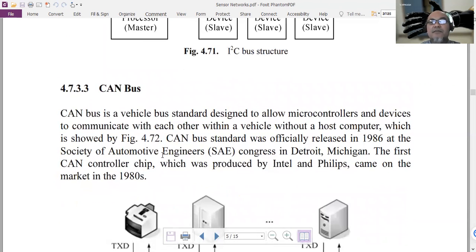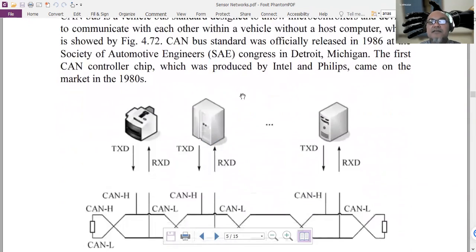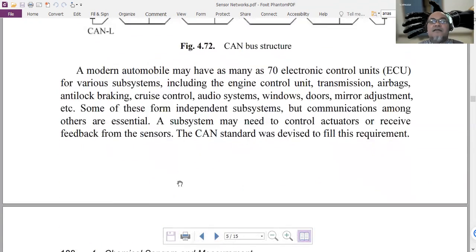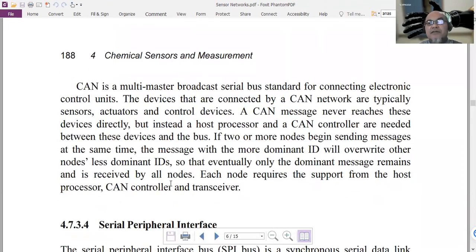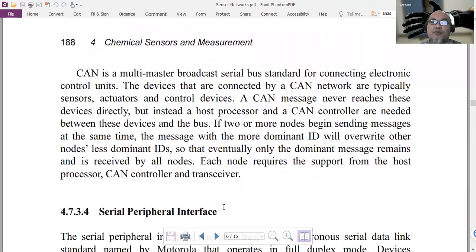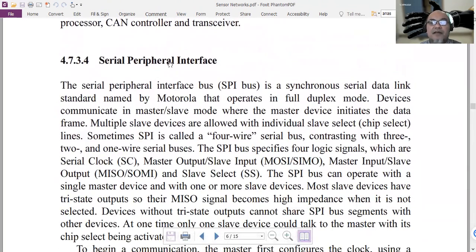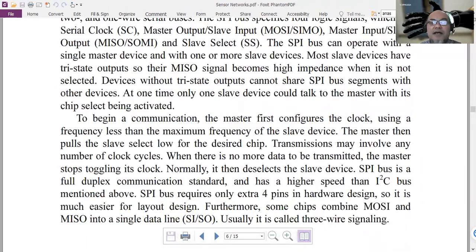CAN bus is from the car industry, automotive. It was developed by the Society of Automotive Engineers, SAE. And I don't think there is yet a widely accepted network protocol for biomedical. Serial Peripheral Interface, SPI.